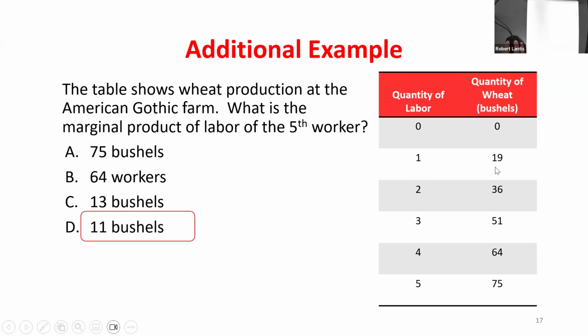Sure enough, if I go ahead and calculate it, what was the change going from 1 to 2 workers? Well, that 2nd worker, how many bushels of wheat did they add? 36 minus 19, so 17, divided by the change in labor of 1. The marginal productivity of labor of the 2nd worker was 17, which was higher than that of the 5th. Okay.